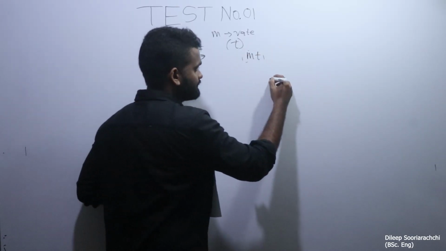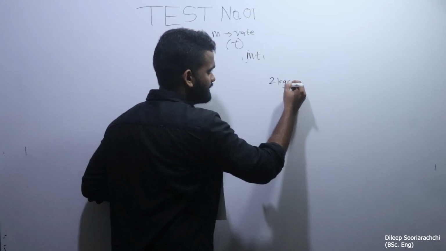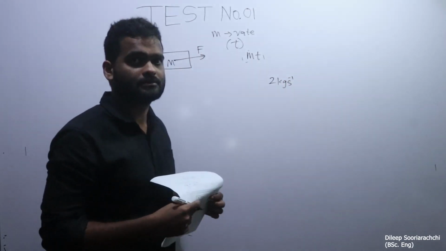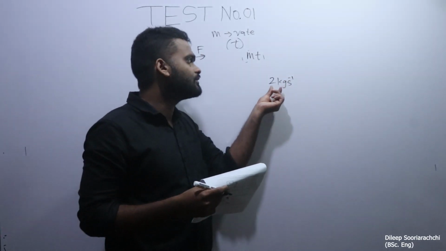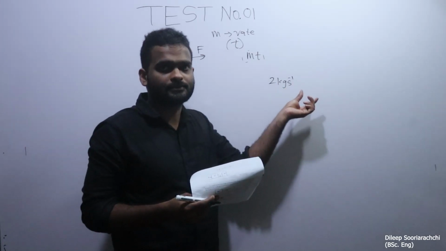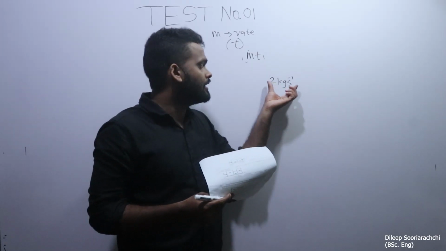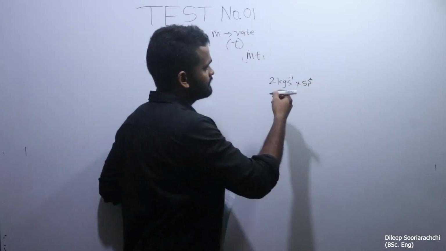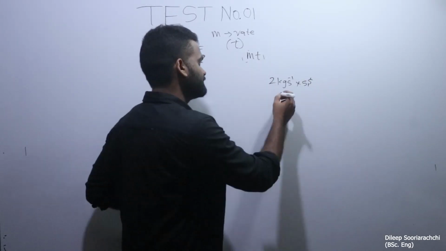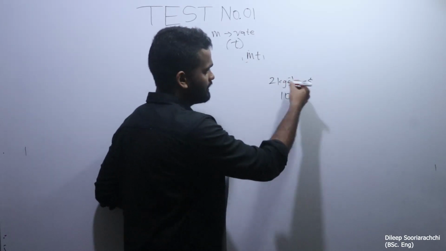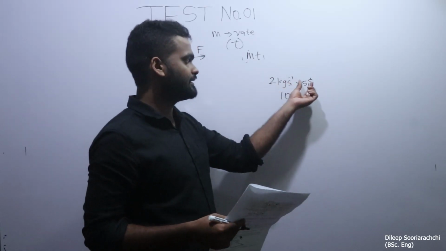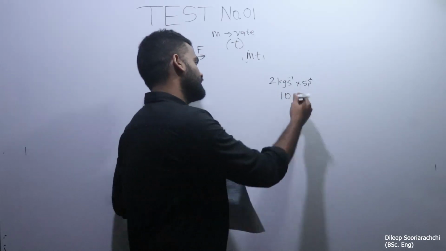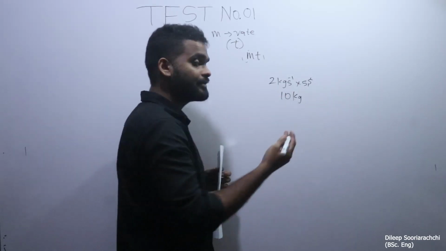Let's say the rate is 2 kilograms per second. Per second, 2 kilograms of sand is removed, for example, right? Let's say for 5 seconds, after 5 seconds, how much sand is removed. You just have to multiply the rate by the time, then you can get the amount of sand removed.